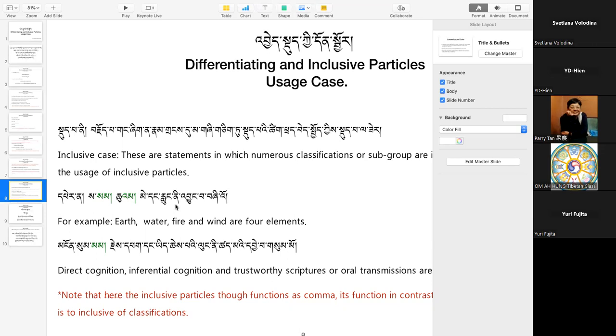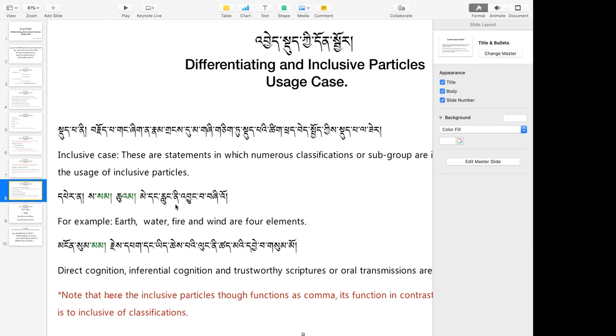So in the translation too, it may not seem as if much has changed because it functions as a comma. Some may say, oh, it's just the same thing. Before, you had the collective in the beginning of the statement, and then you wrote all the classifications by the usage of comma. So the particle does not seem to have changed in terms of expression, and this is very much true.